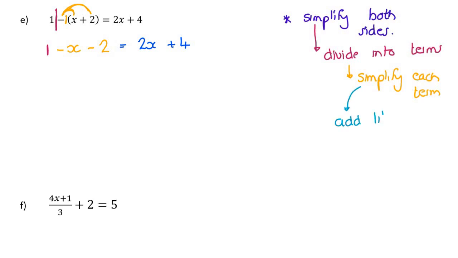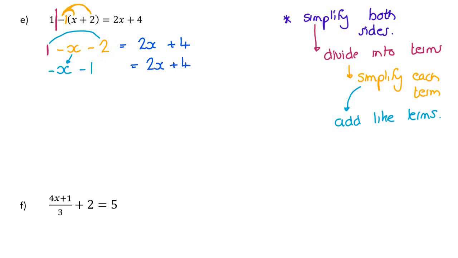Otherwise, there's just too many numbers that I have to get rid of. So don't forget that when we say simplify each term, we mean after that, go and add our like terms. So 1 take away 2, so I'm going to put my negative x first, simply because we like to have our x's first, and 1 take away 2 is negative 1. So simplify fully if you want to make your life a little bit simpler in the long run.